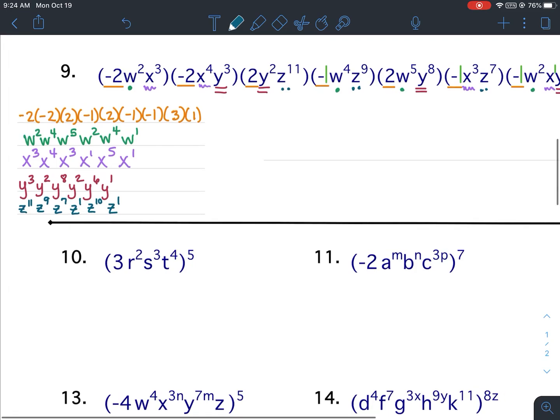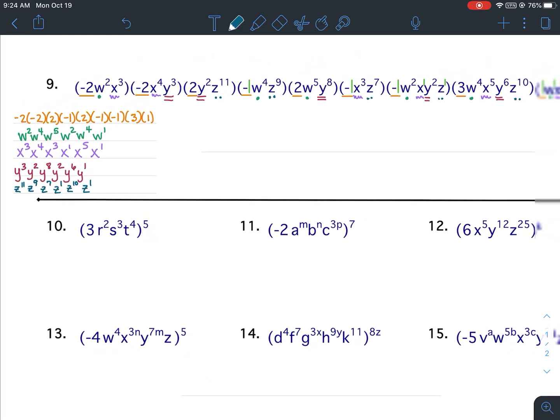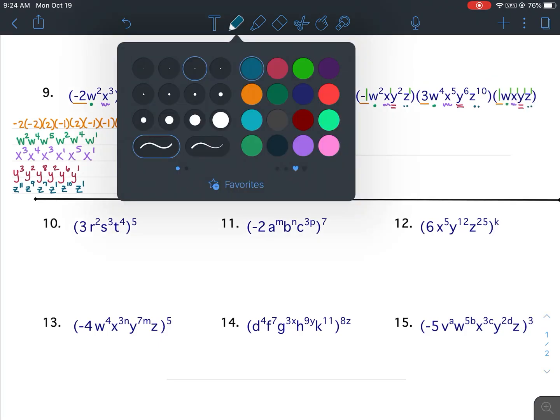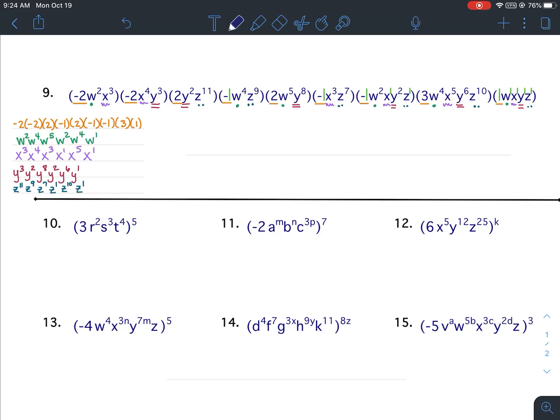All right, now that we have everything organized, now we can multiply to get our final answer. So if I take -2 times -2 times 2 times -1 times 2 times -1 times -1 times 3 times 1, I get -48.